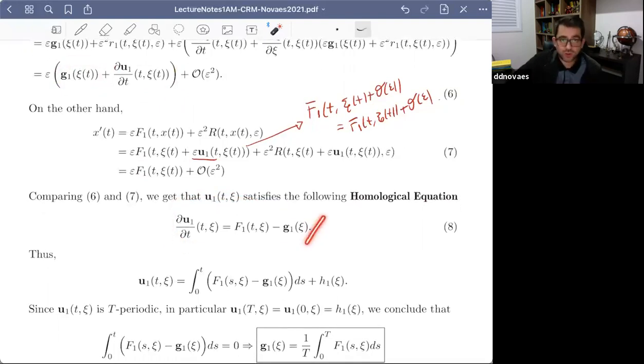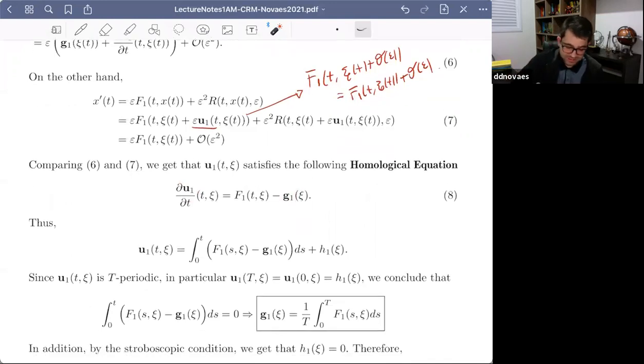This is called the homological equation, and the other higher order functions, u_i and g_i, also obey homological equations. So in order to compute the other functions provided by the theorems, we have to compute recursively the solutions of homological equations.